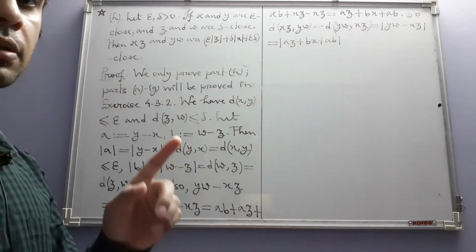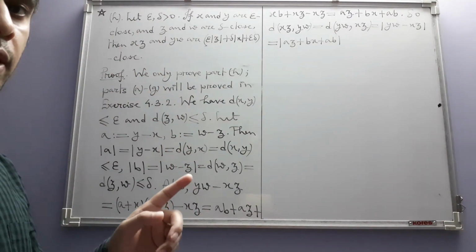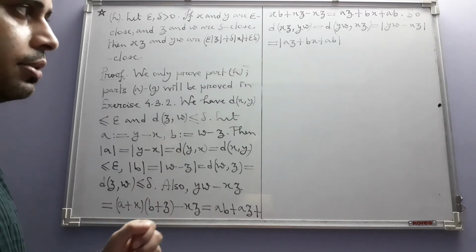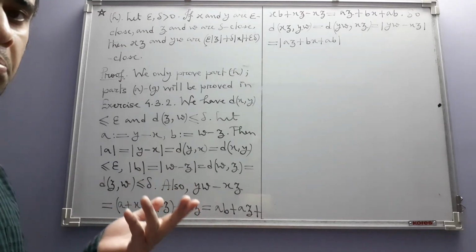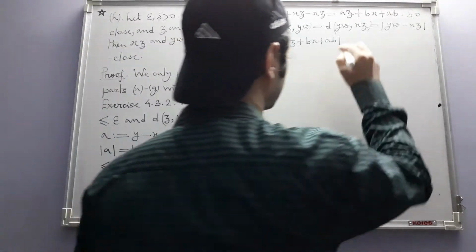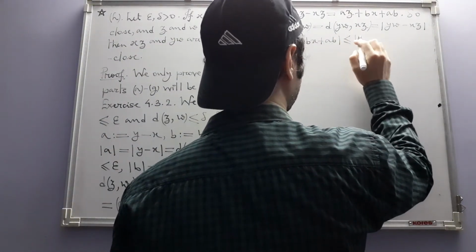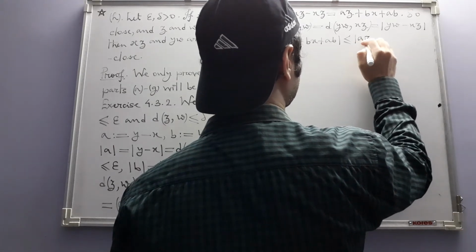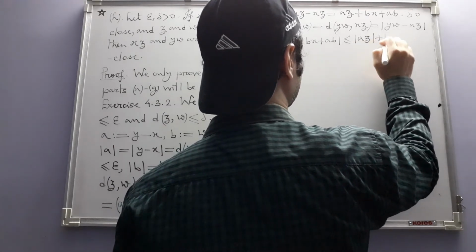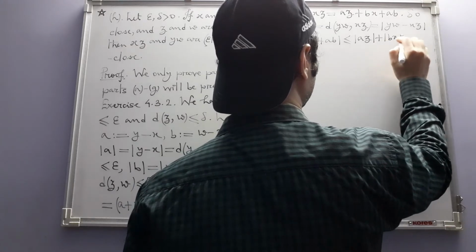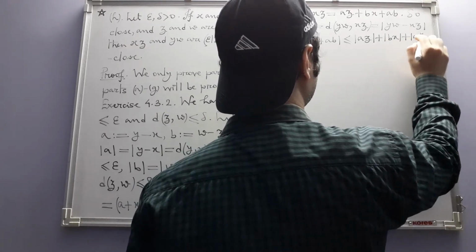Now here we are going to use the triangle inequality of absolute value, that is proposition 4.3.3 part B. Doing that we get this. Actually we have to apply it two times, to bx plus ab.